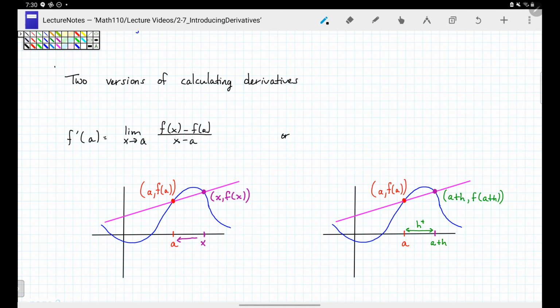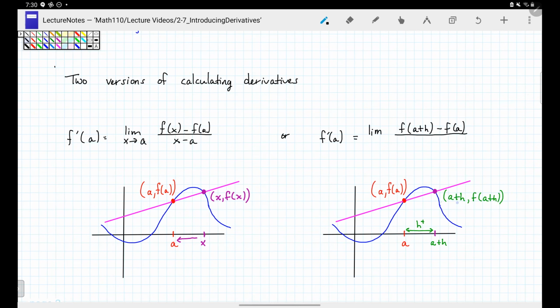And now my f prime of a is going to be, again, a limit, and I'm just going to write the limit, but we're going to think about what the limit is. I'm going to take the difference in y values, f of a plus h minus f of a, divided by the difference in x values.